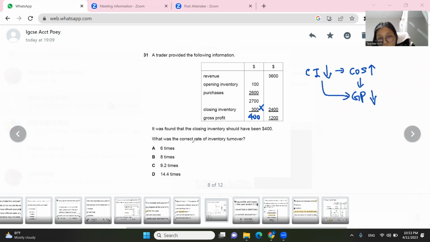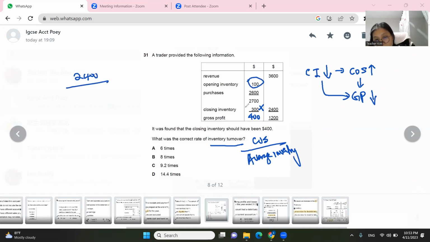Next is that it was found, what is the correct rate of inventory turnover? Okay, the formula for inventory turnover is cost of sales over average inventory. So this is the formula. Now we calculate the original given first. The cost of sales here is 2400, divided by the average.